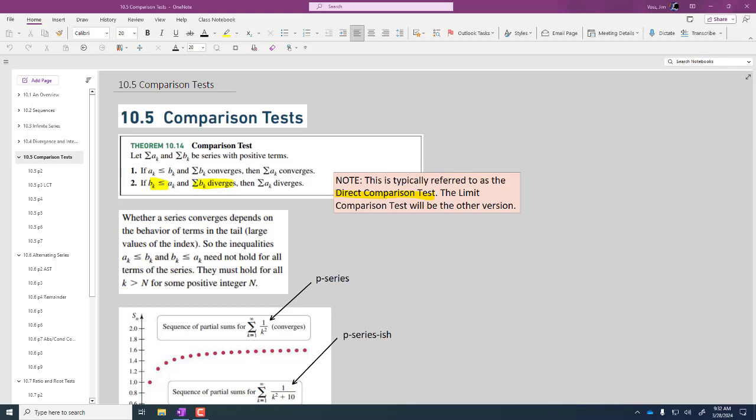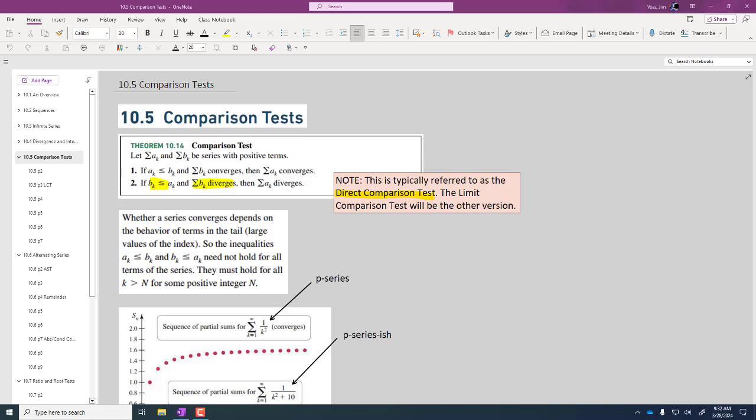So if it looks really close, we can do this comparison idea. And so the basic principle we mentioned at the end of class on Tuesday: smaller than converging will converge, bigger than diverging will diverge. Those are our two basic principles.